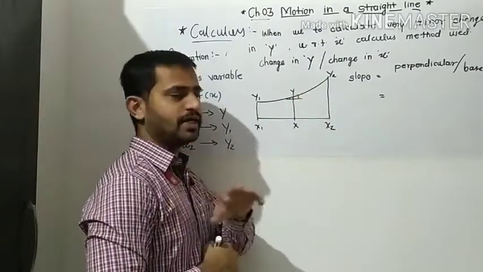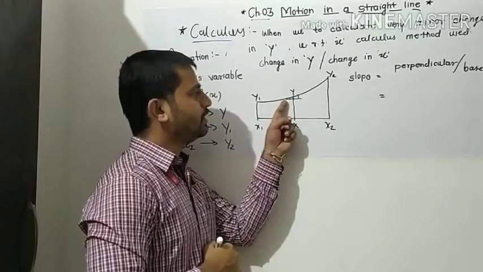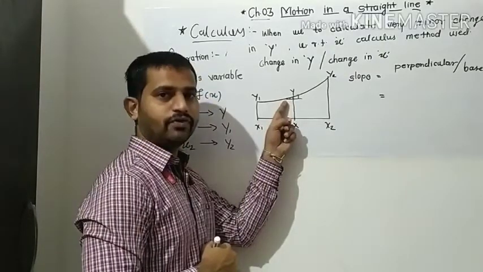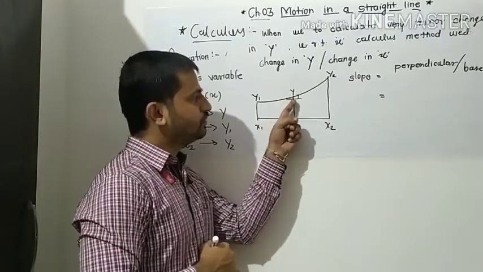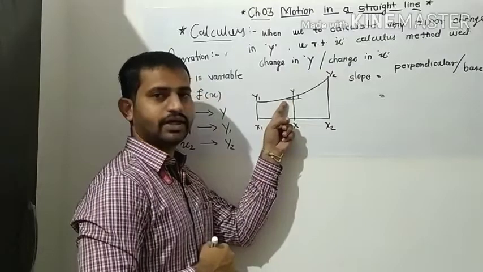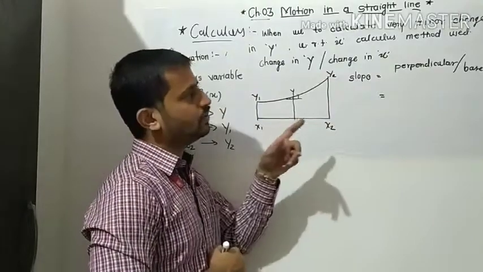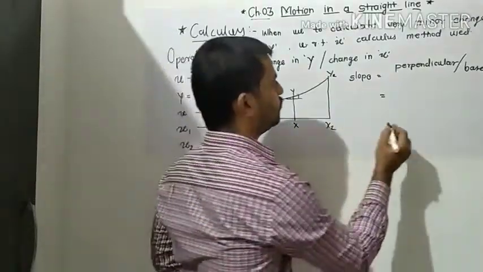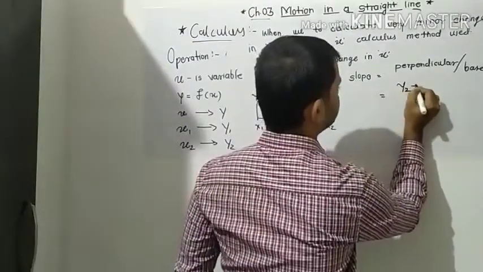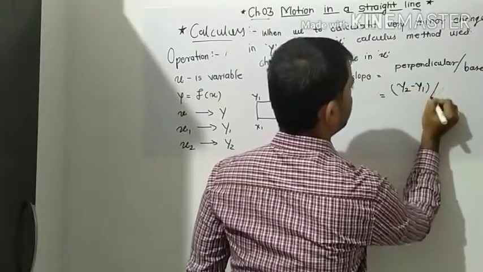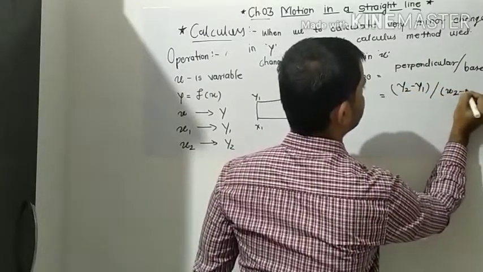And in the case of the base, it will be a very minute value, that is x2. Suppose here is x2, here is x1, then x2 minus x1 will give us the very minute value. So the slope is equal to y2 minus y1 upon x2 minus x1.